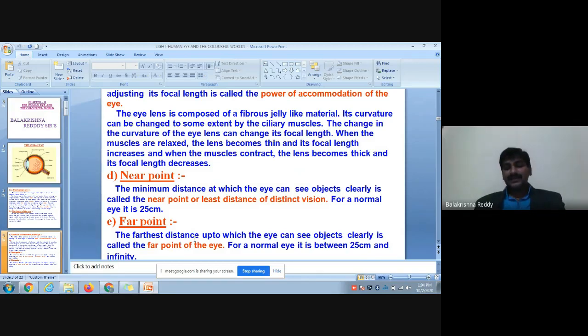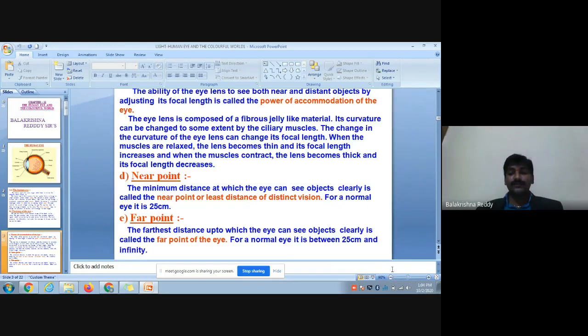It depends on their eyesight. So the farthest distance up to which the eye can see an object clearly is called the far point of that eye. Normally the far point we take from 25 centimeters to infinite distance. This is all about the far point and near point.